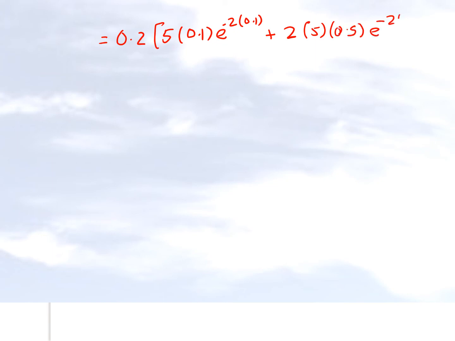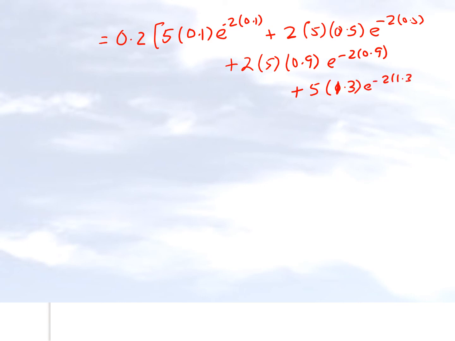So we're going to get 0.2 times the value of the function at 0.1, which is 5 times 0.1 e to the power minus 2 times 0.1, plus 2 times 5 times 0.5 e to the power minus 2 times 0.5, plus 2 times 5 times 0.9 e to the power minus 2 times 0.9, plus 5 times 1.3 e to the power minus 2 times 1.3.